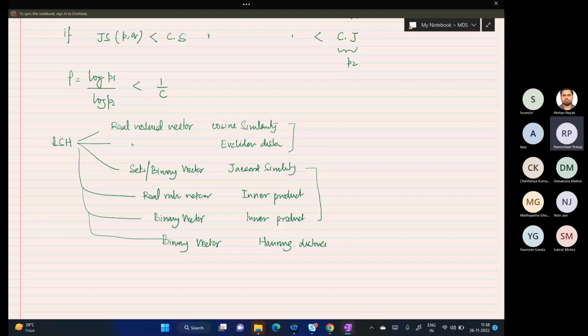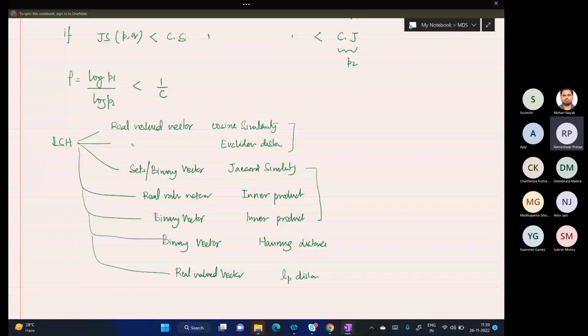Then binary vectors and Hamming distance is also known. Here the idea is that the hash function is just sampling a random bit from the input, and it can be shown that this works as LSH for binary vectors and Hamming distance. And again, real valued vectors for Lp distance.